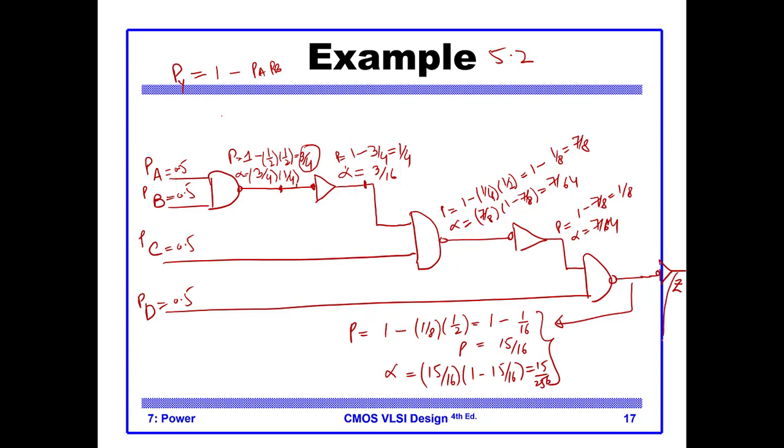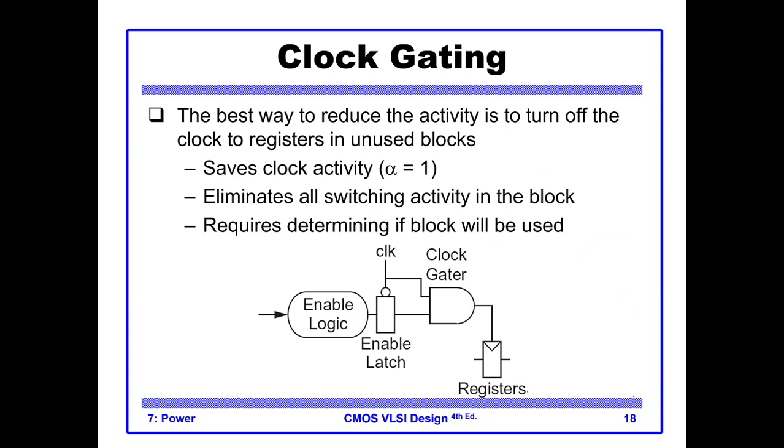And for this node, the node before is 15 by 16, so it will be 1 minus 15 by 16, which is 1 by 16, and alpha is the same as 15 by 256. So this was for examples.